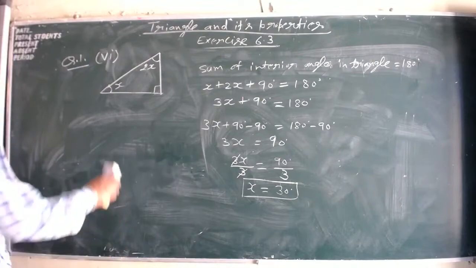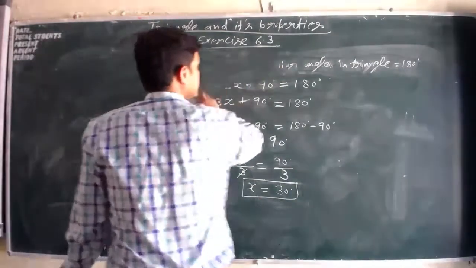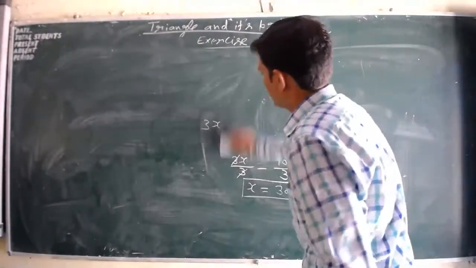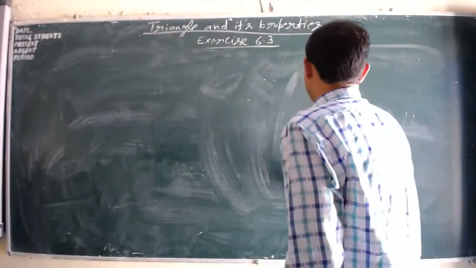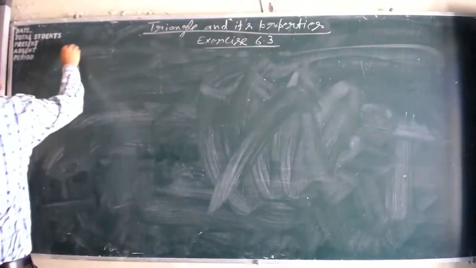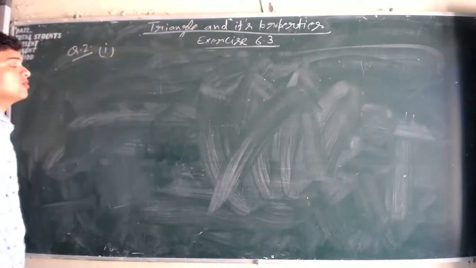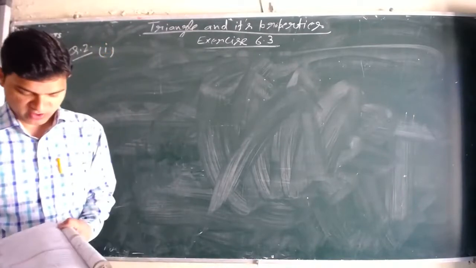Find the unknown values of x and y. The question is the second of exercise 6.3. Question number 2: we have to identify the values of x and y in the given figures.